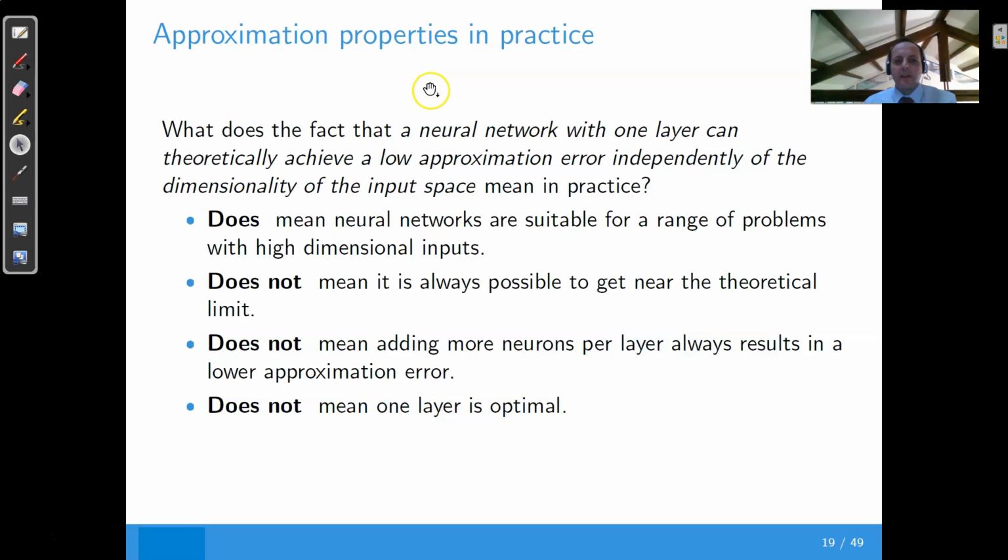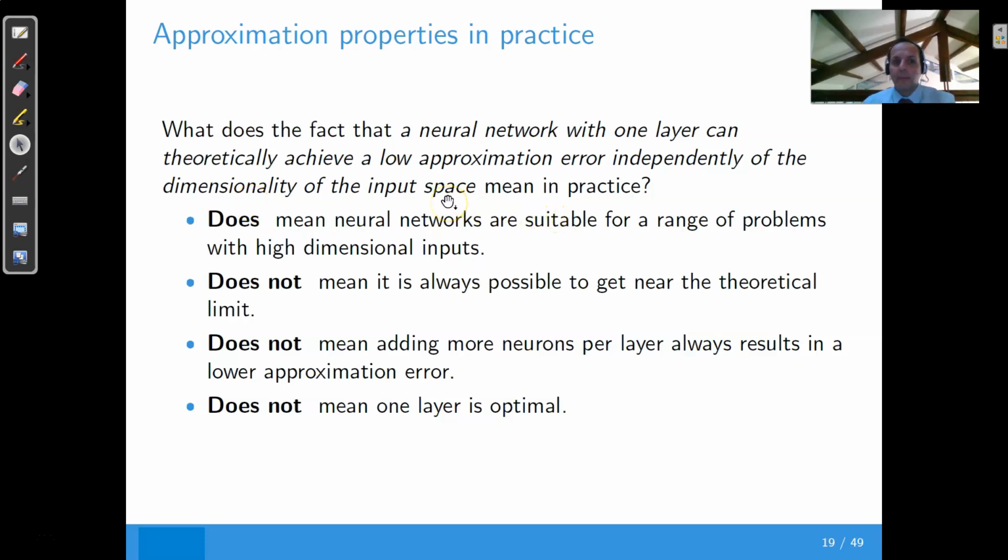So let's discuss some properties of the neural networks. These considerations lead to some comments. A neural network with one layer can achieve a lower approximation error that can be very small, independently of the dimensionality of the input space.